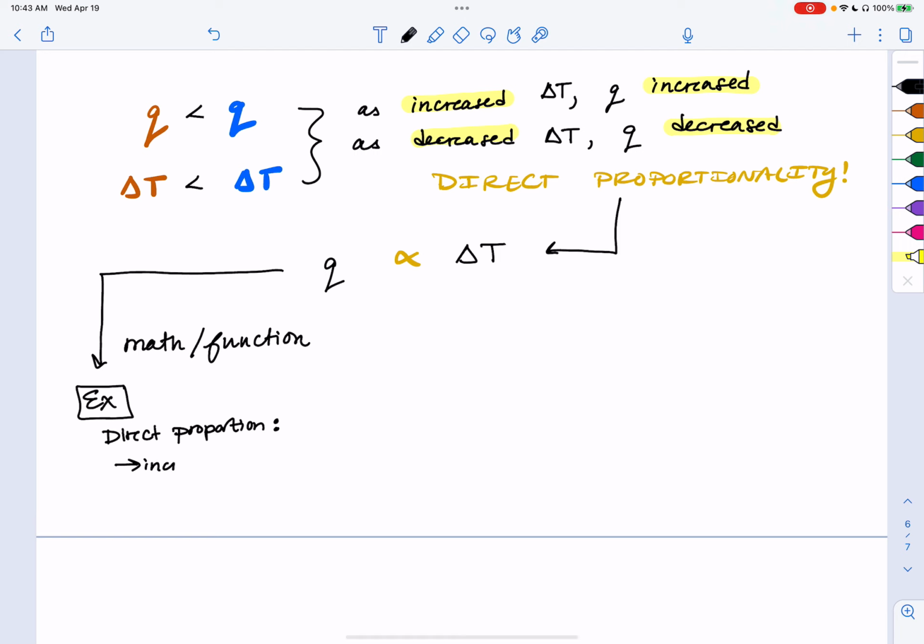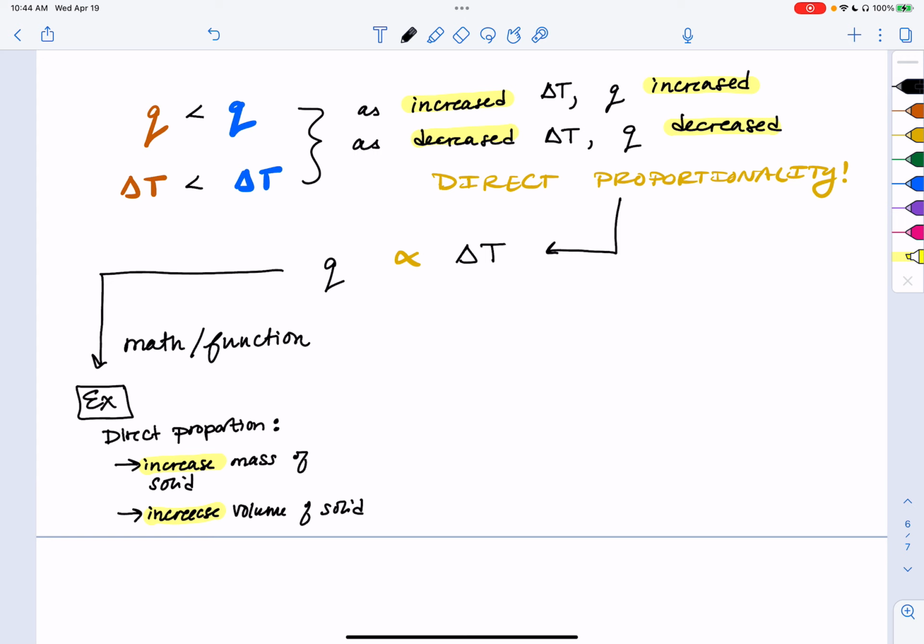As we increase the mass of a solid, we are also increasing the volume of that solid, right? A teaspoon of sugar or an ounce of sugar takes up less space than a pound of sugar, which will take up more space. So an increase resulting in an increase.